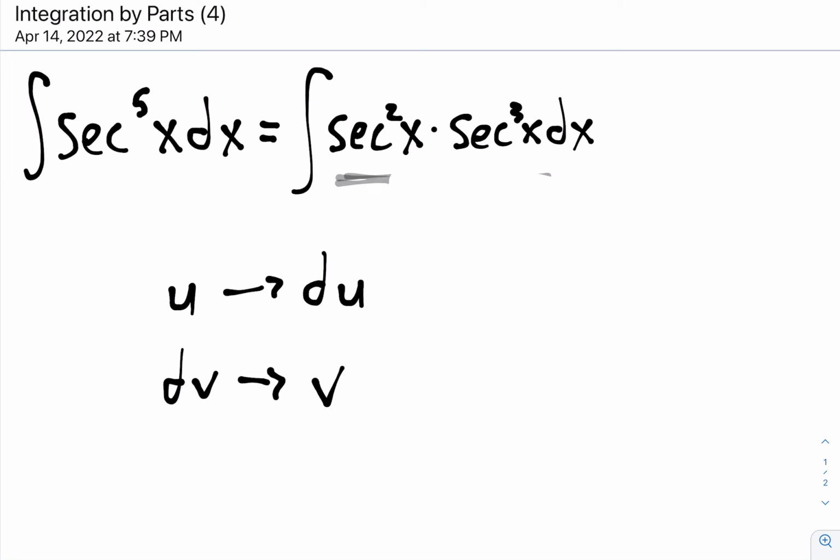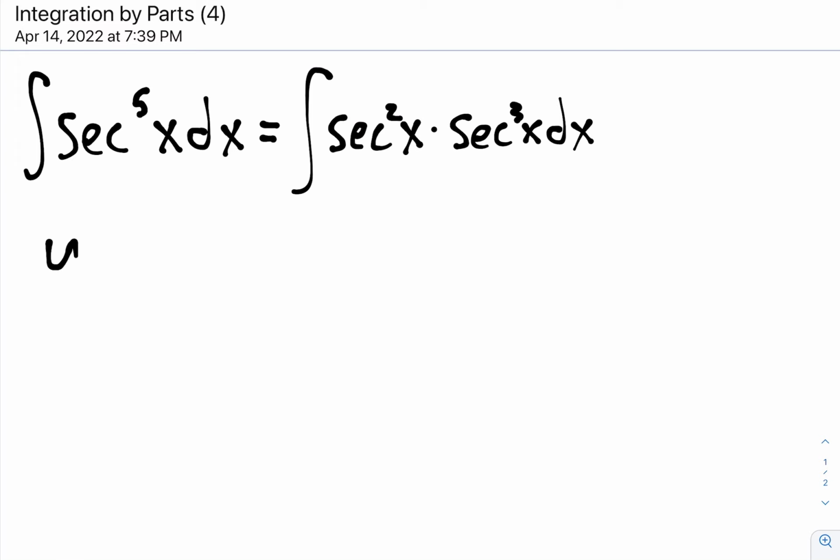So just from thinking into the future about what we're going to have to be doing, we're going to set u equal to secant cubed x.